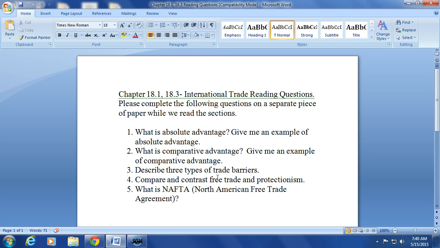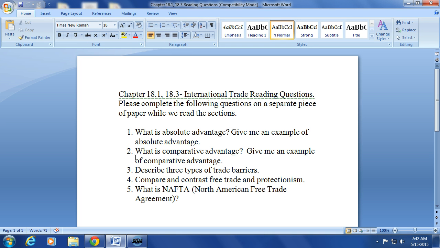So it limits the amount of stuff from other nations that can be traded into a nation. It limits imports. That is a quota. And then finally, you have an embargo. An embargo basically cuts off imports and exports. It cuts off trade to an entire nation.